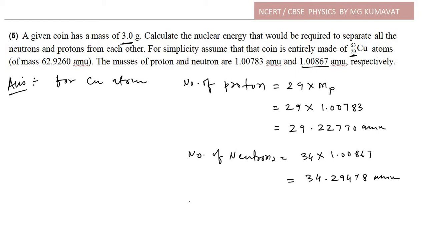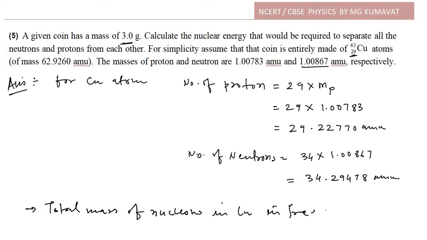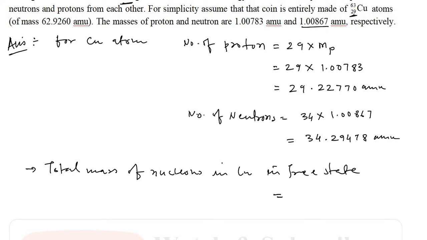So the total mass of the nucleons in copper in the free state is equal to 29.22770 plus 34.29478 AMU. After adding we will get 63.52185 AMU.